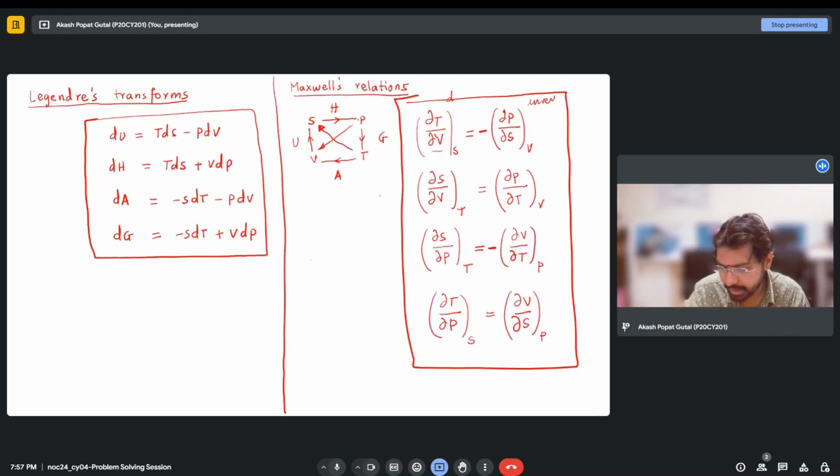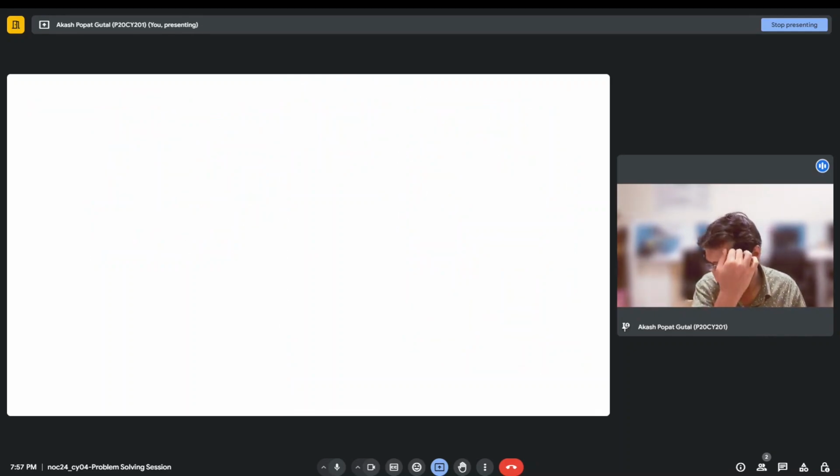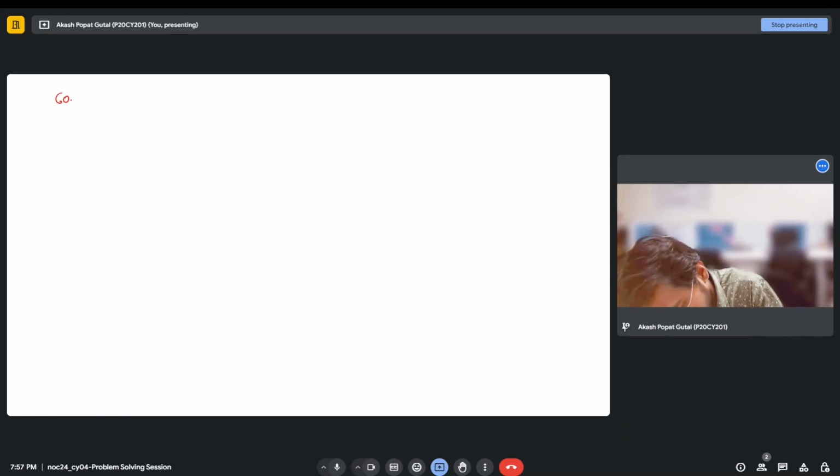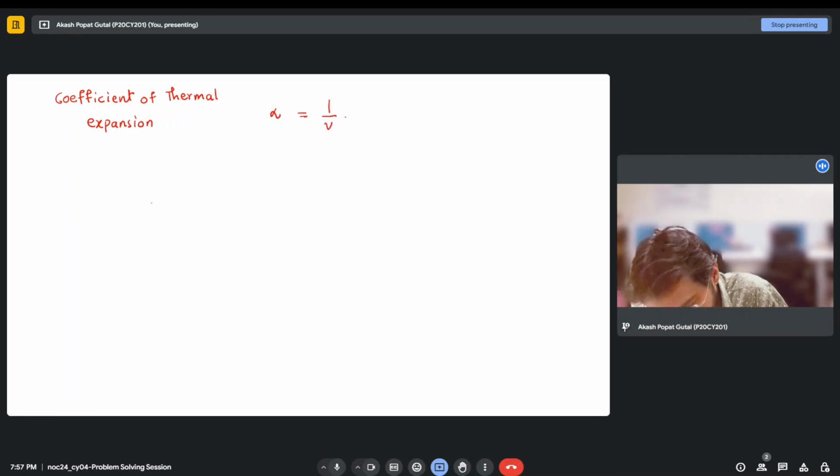The next thing that we have seen last week is some formulas related to coefficients. So first is coefficient of thermal expansion. We denoted alpha is 1 upon V dV by dT, at constant pressure.